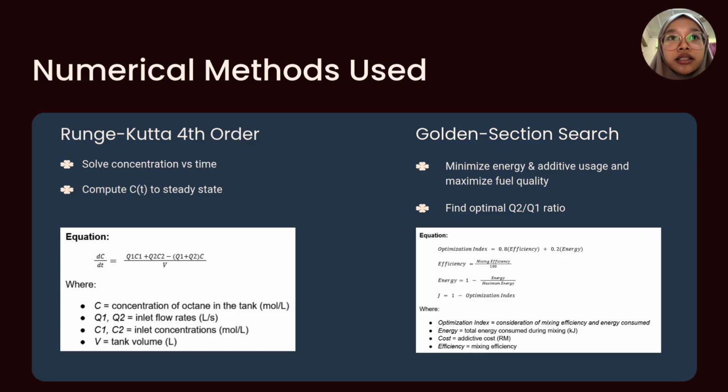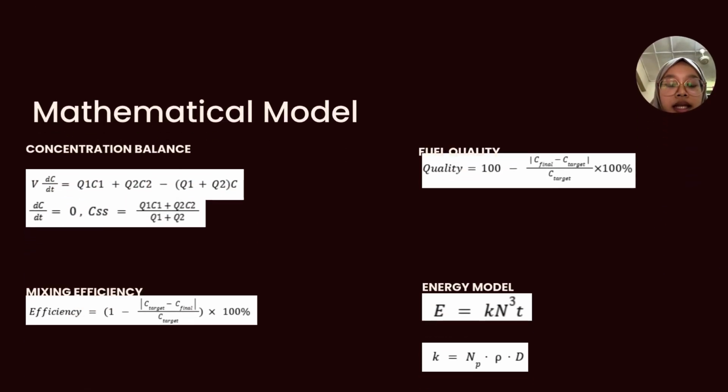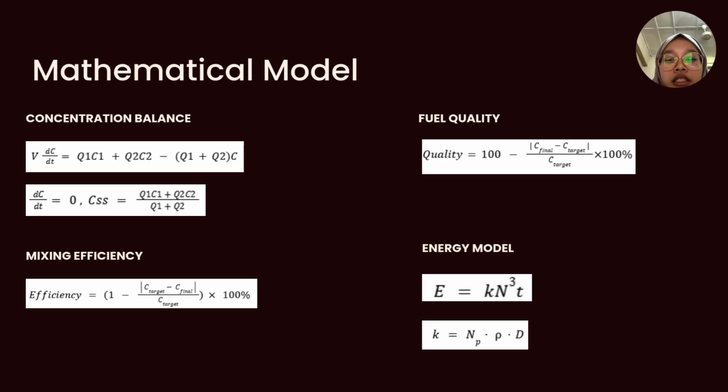Next, the golden section search was used to optimize the process. It helps us minimize the energy and additive usage while maximizing our fuel quality. The objective function combines energy and cost efficiency, and the algorithm finds the best flow rate ratio for optimal mixing performance.